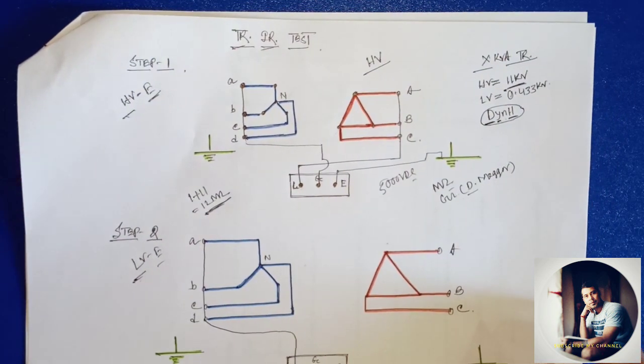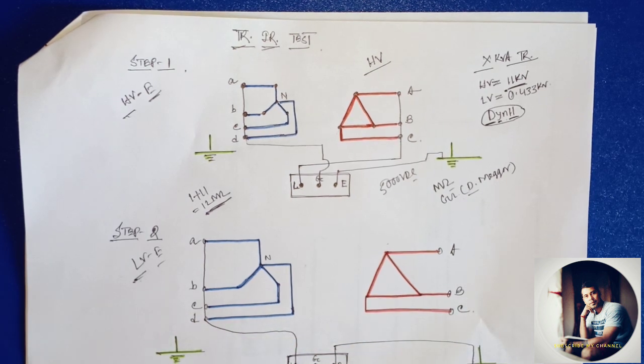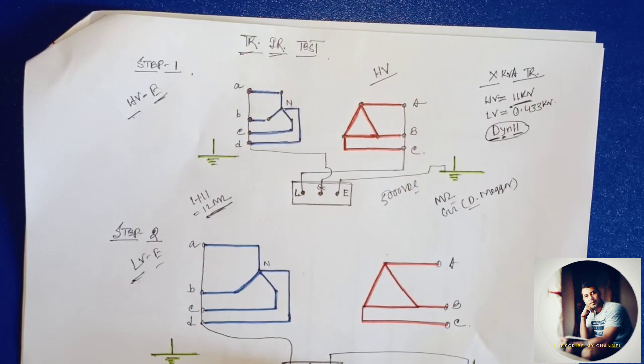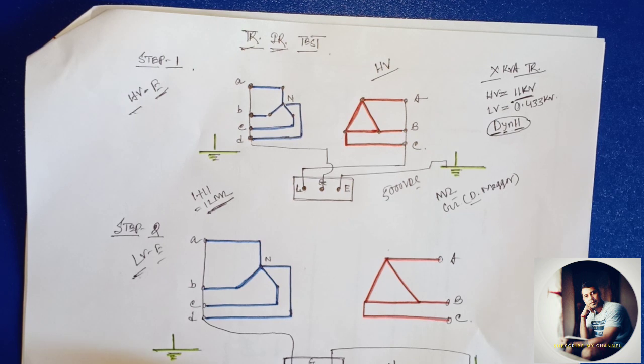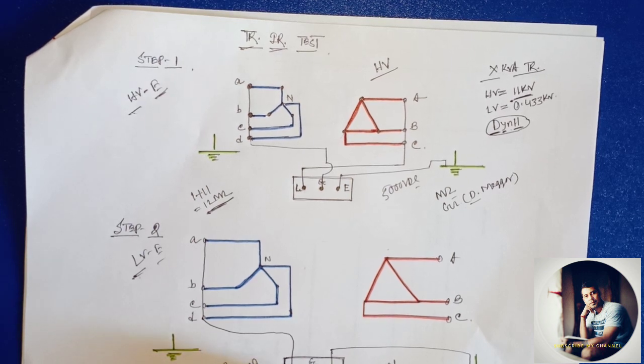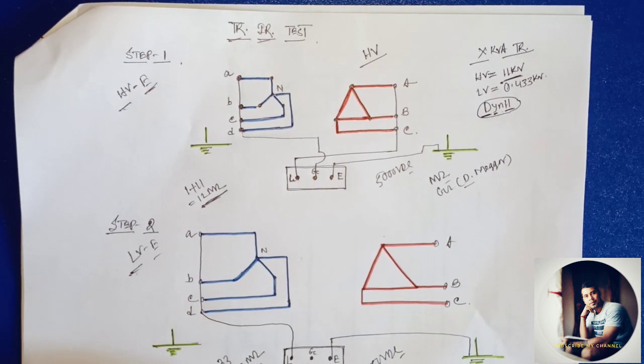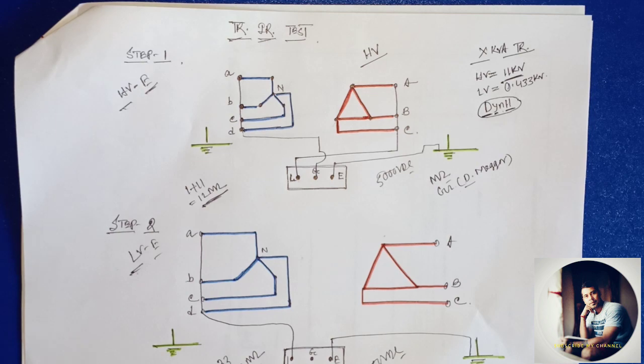After connecting this, we can simply connect it to the earth and apply 500 volt DC, and in that case 1 plus 0.433, 1.433 mega ohm will be the minimum IR value of the LV system.